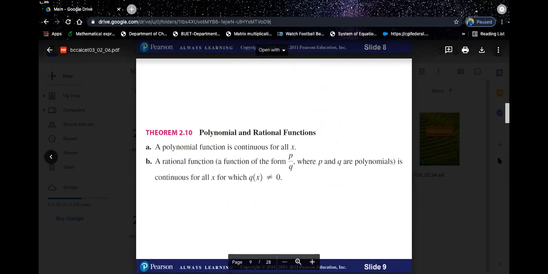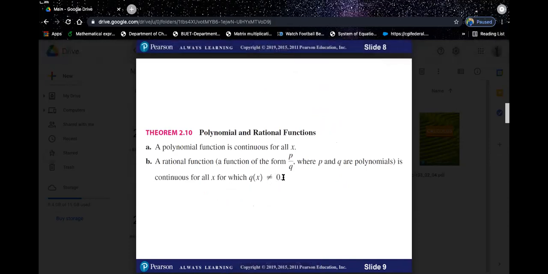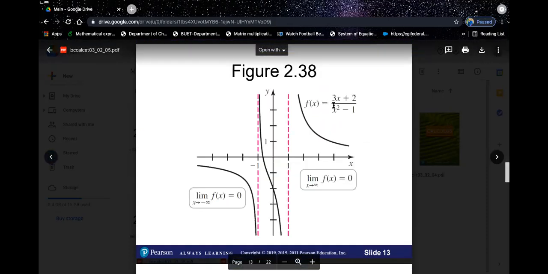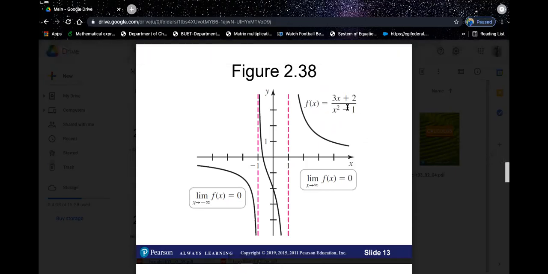Let's look at the requirement first. It's continuous whenever the denominator is not 0. And we can see the denominator is 0 for only 1 and negative 1. So at 1 and negative 1, you can see there is a break, or a discontinuity. Apart from that, everywhere else you can see it's continuous.